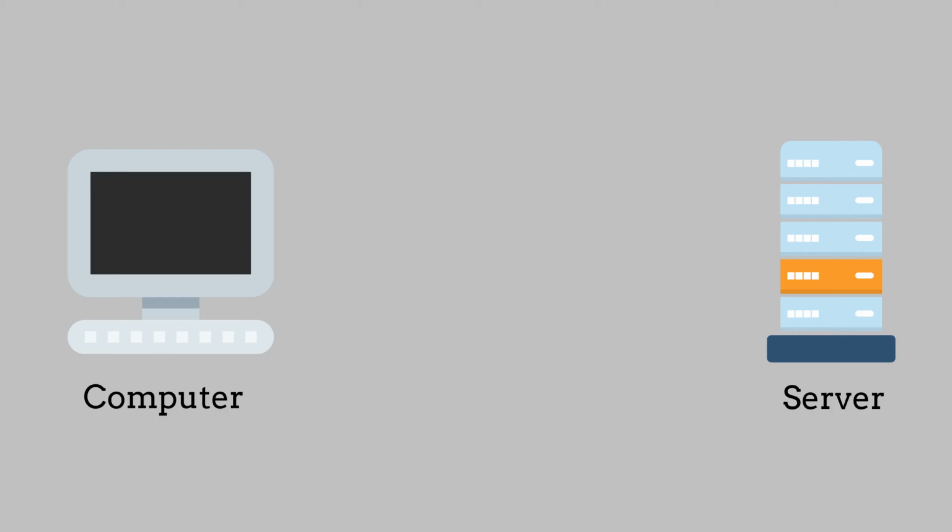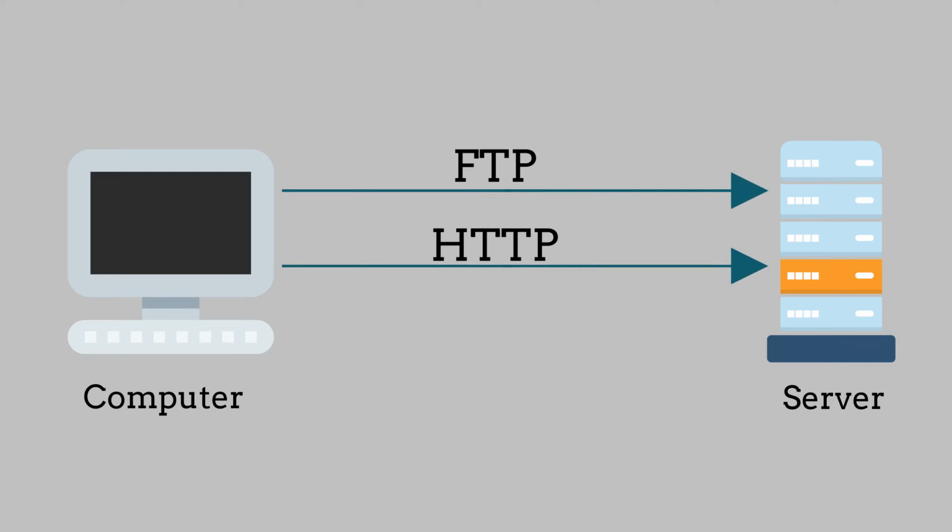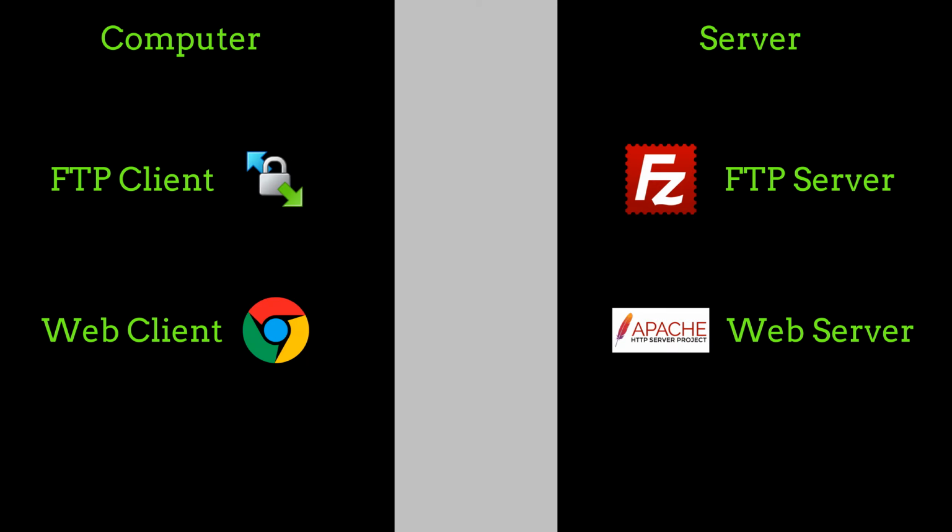Grasping this concept becomes simpler when you visualize a computer and a server partaking in different types of communication, each based on certain protocols. These protocols are rule sets that devices follow to facilitate distinct types of communication. Each protocol requires corresponding applications on both devices that can comprehend and interpret the protocol.